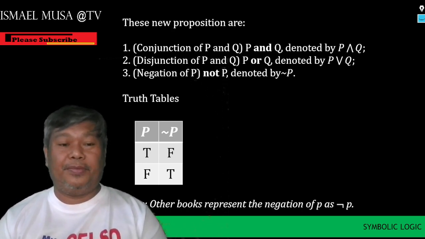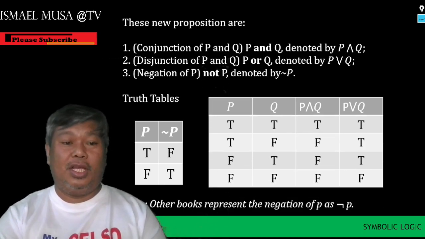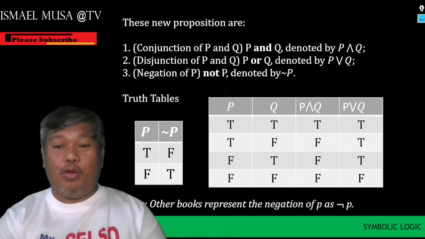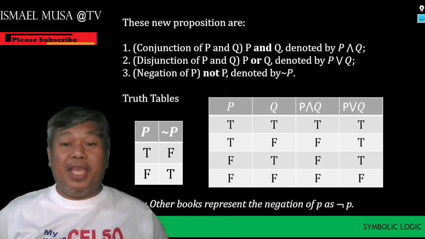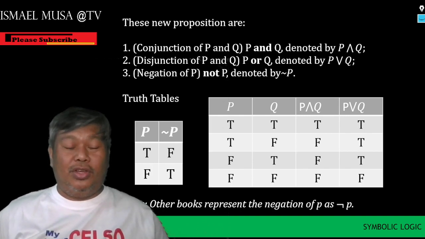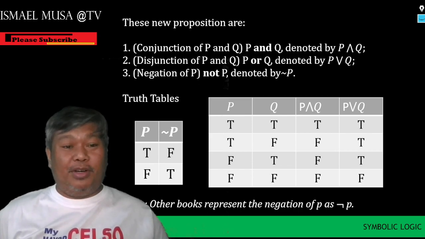Okay, very good. Now let's continue. If we have P and Q, there are four possible combinations.